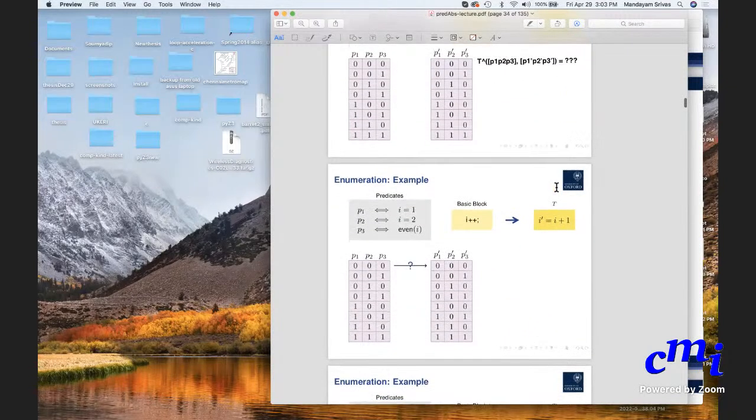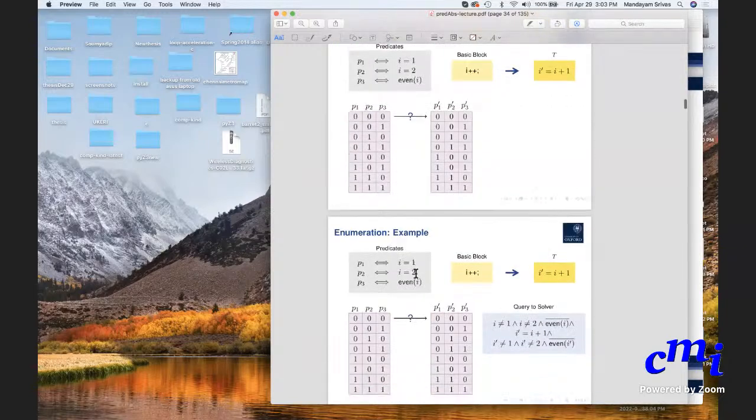For each of these possible transitions, I will check if this transition is possible in the concrete version. So what do I need to do to check that? I will concretize these things. So P1, P2, here it's not P1, not P2, not P3.